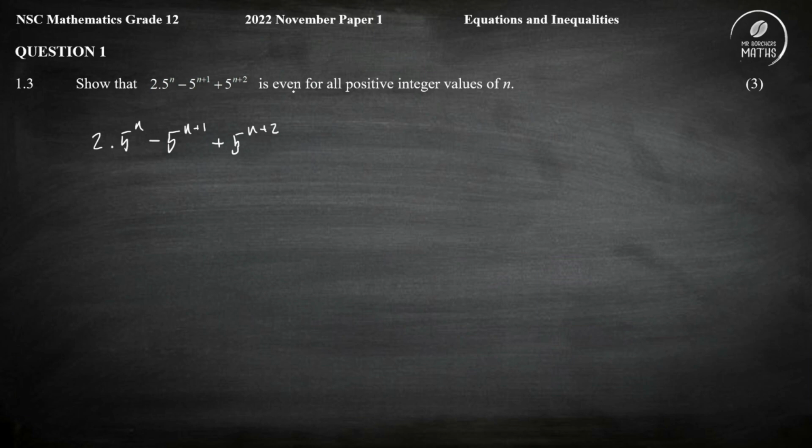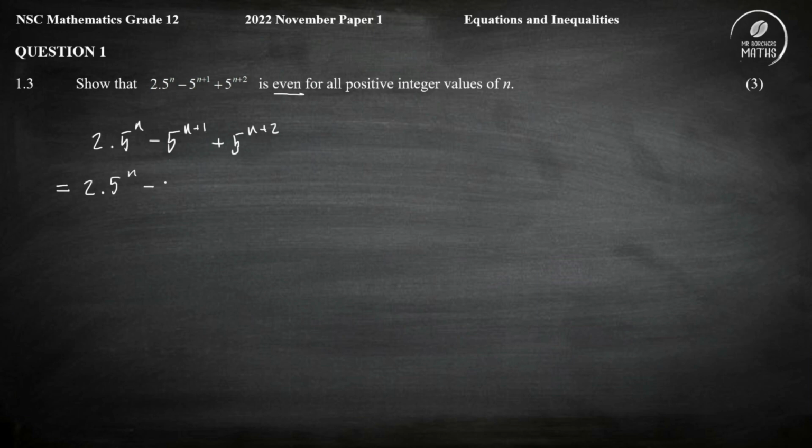When you're asked to show that something is even, that basically can just mean a multiple of 2. So we need to show that this expression here is a multiple of 2. And to show that something is a multiple of 2, you can show that 2 is a common factor, that 2 is a factor of this whole expression. So let's manipulate this expression until we can see that we can take out 2 as a common factor.